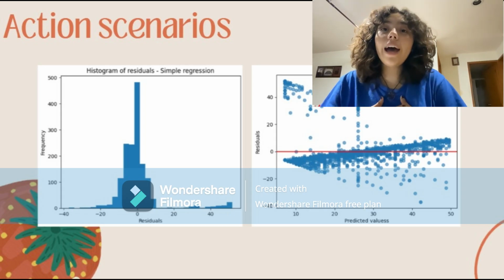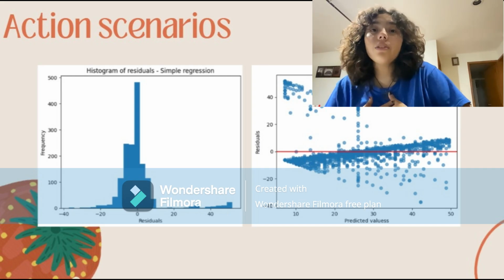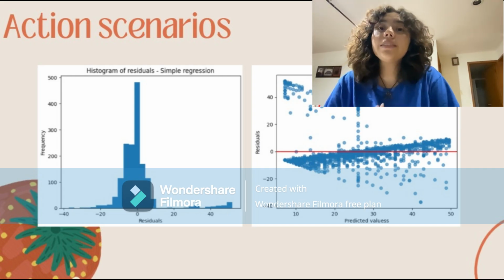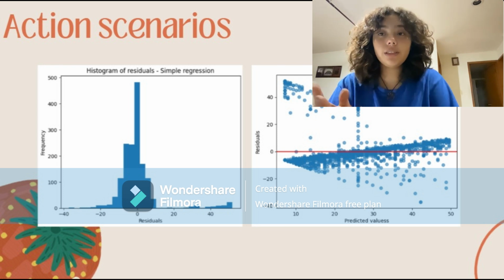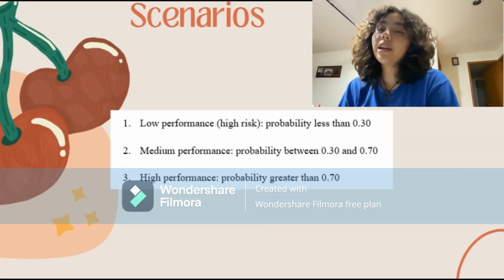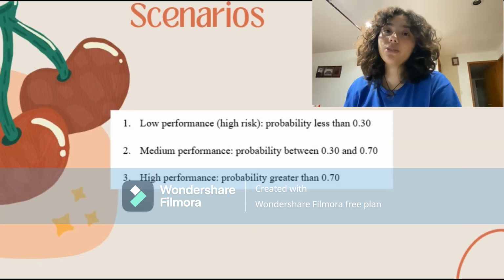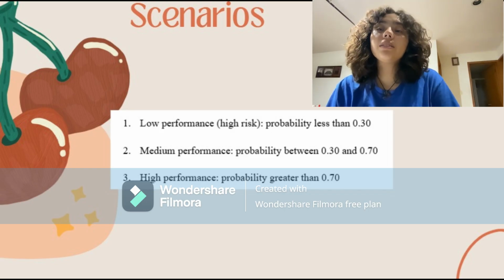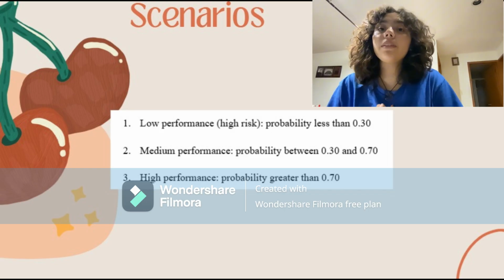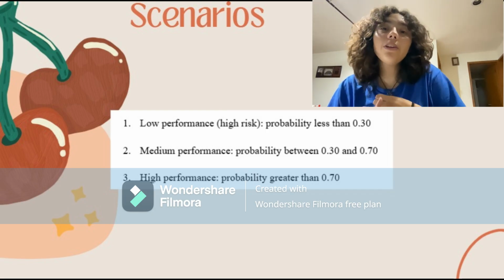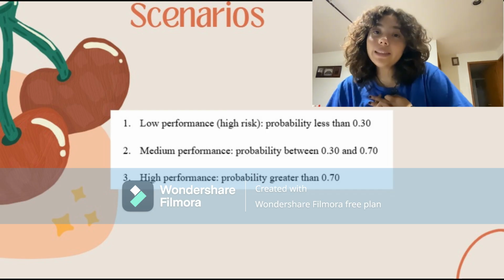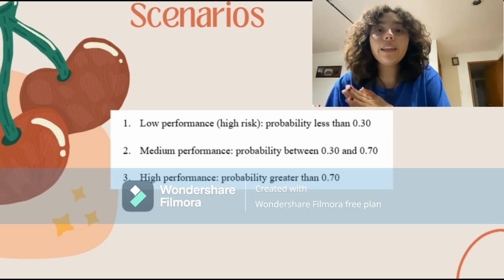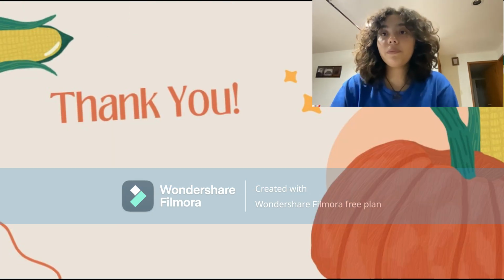The stores with high negative predictors like Q422 and Q11 can be targeted for corrective actions. And for scenario 3, we classify store risk using the logistic regression. Here the stores can be labeled as high risk, medium, and high performance. This lets managers allocate resources efficiently.